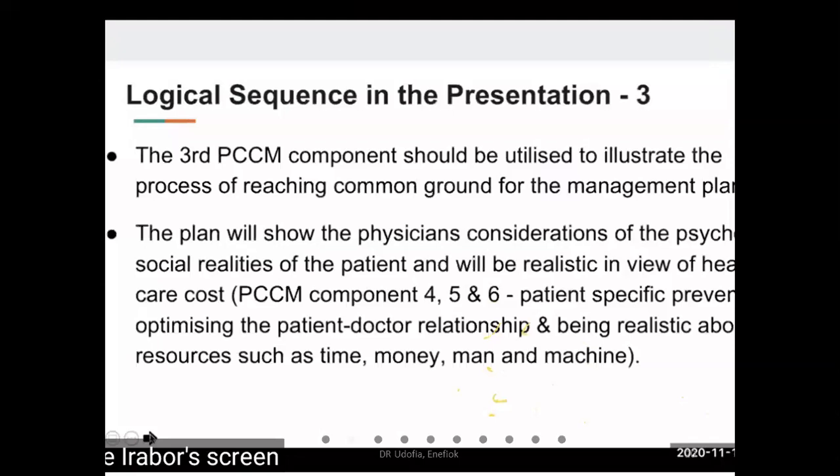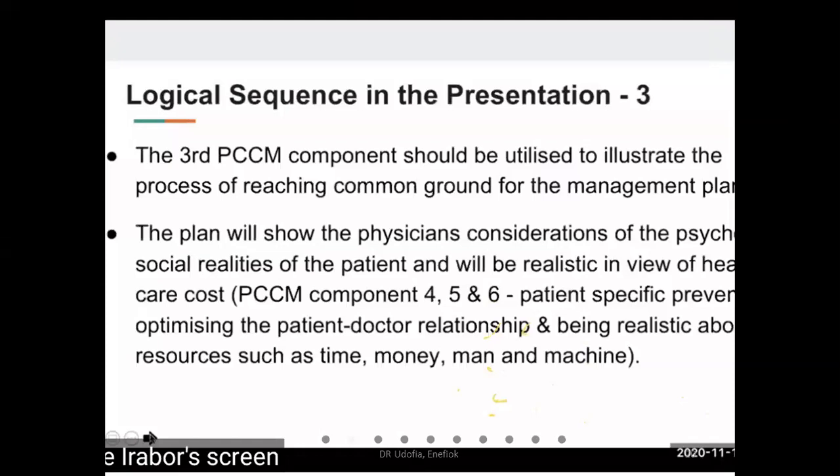That's PCCM 4, 5, and 6. So health costs, patient specific prevention to optimize your relationship with him, and being realistic about resources. That's time, money, the men that are available, and the machine.